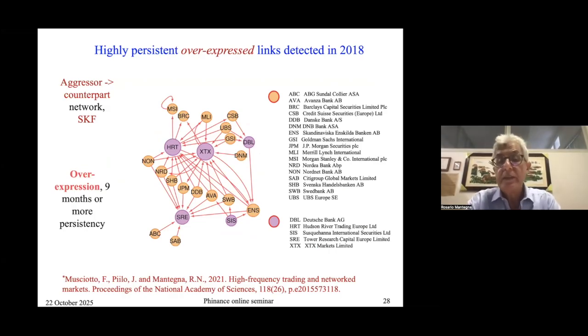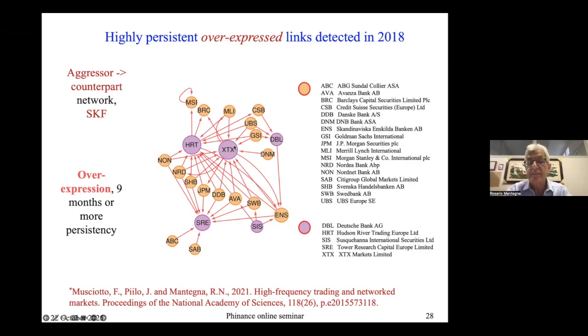What we saw was that if we analyze it in terms of networks, so in terms of pairwise relationships, the interaction of the different market members is statistically validated against a null hypothesis, and it shows that different market members indeed have a different specialization.